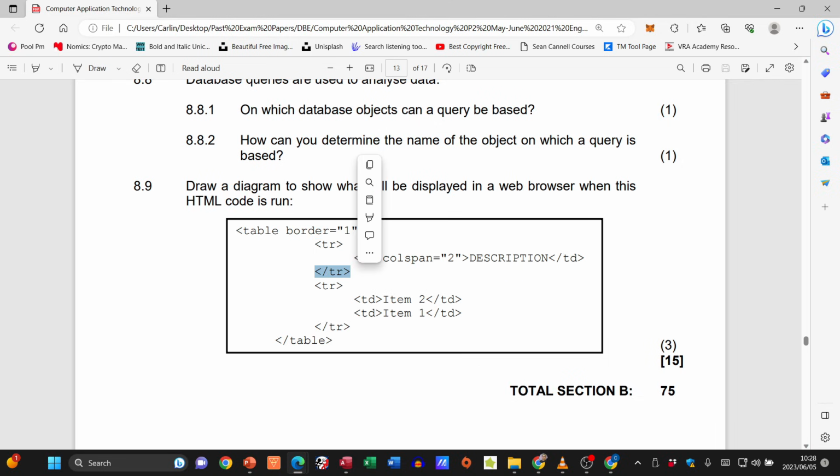Inside that row, we can see the term description is going to be there, but it's going to span 2 columns, which means it needs to be another row. Okay, so I've now got another row, and in that row, I've got 2 items. And if you would have done that correctly, then this is actually what you should have drawn.